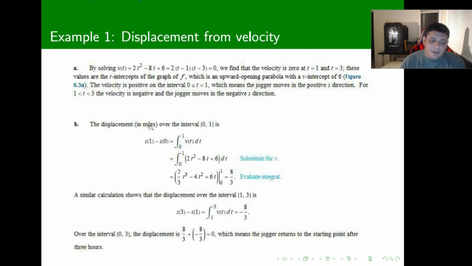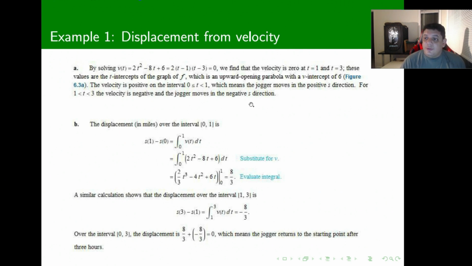Now from doing the integral, we can calculate what the displacement is. So we can do s of 1 minus s of 0, and that's going to be the integral from 0 to 1 of the velocity function. We integrate here with our velocity function, and that's going to give me a positive result, which is going to be 8 over 3.